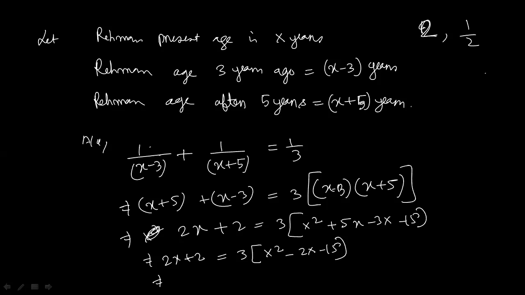Sir, how did it become 3? It was 1/3 earlier. Yes, it will be 1/3, no? So now it will be multiplied here, yes or no? Cross multiply by 1.